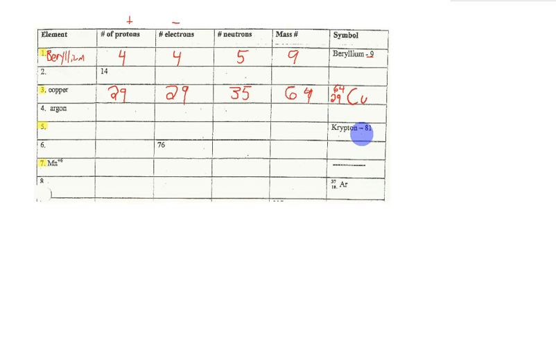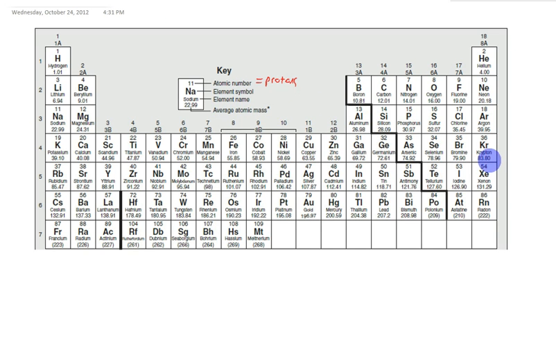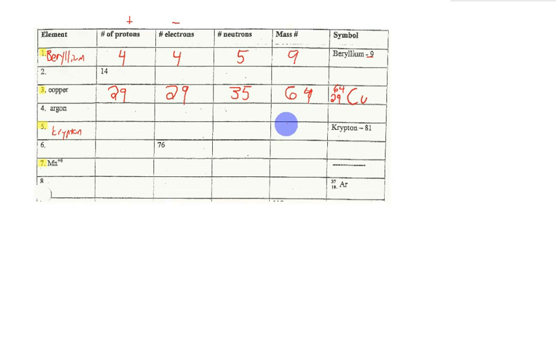Next one, we have krypton, and it tells us it's krypton-81. That 81 tells us the mass. Now if we find krypton on the periodic table, it says 83.8. Isn't the mass 84? That's just the average of all the masses that are there. This particular krypton has a mass of 81, so we always go with the mass that's presented to us.